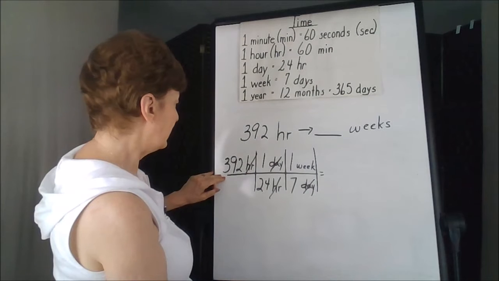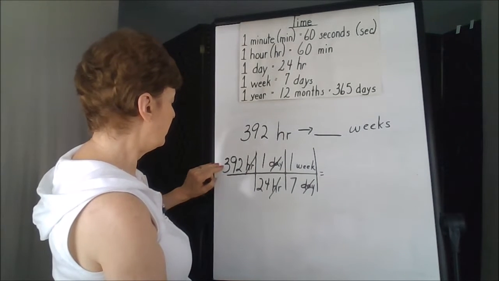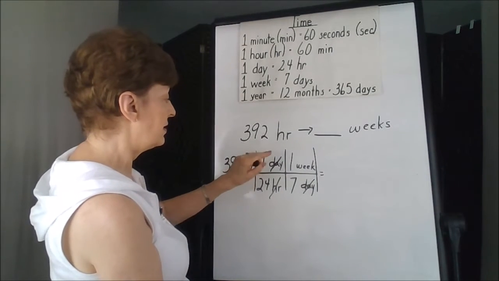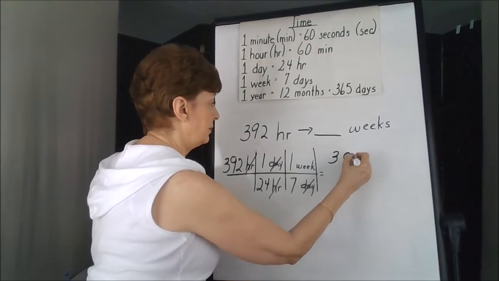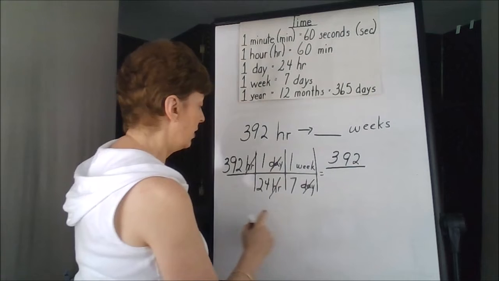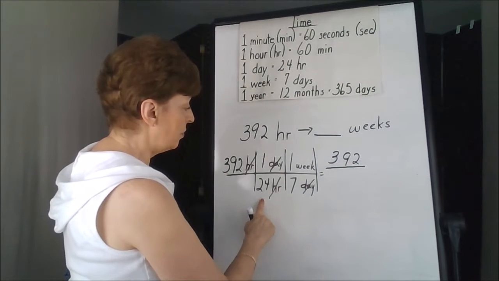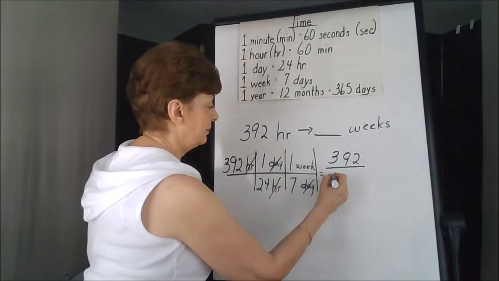If we multiply tops, we've got 392 times 1 times 1. Well, that gives us 392. The bottom, we have 24 times 7.